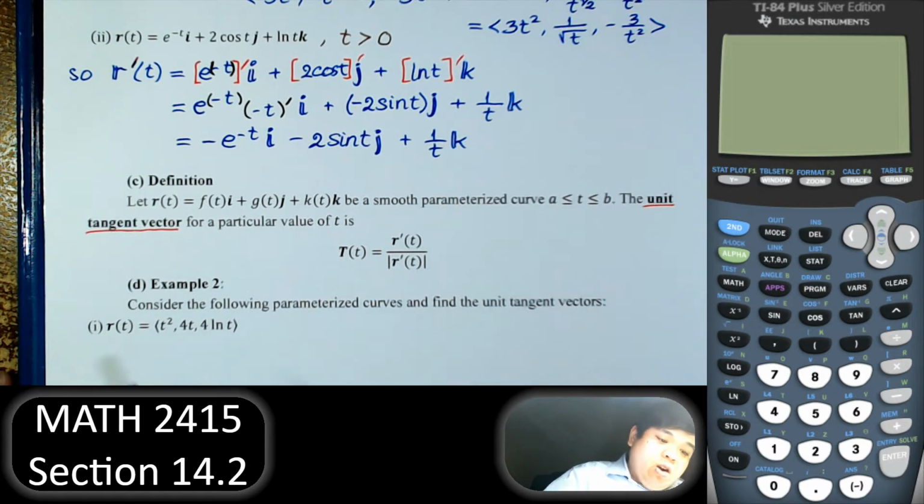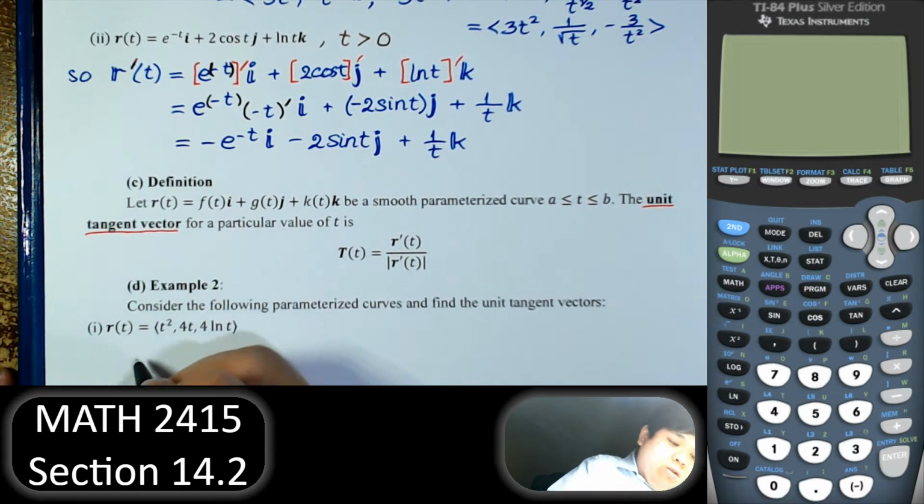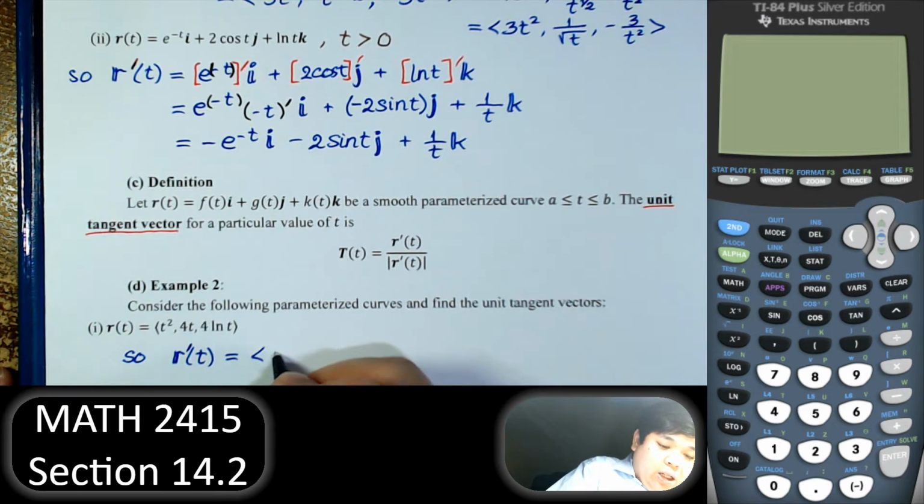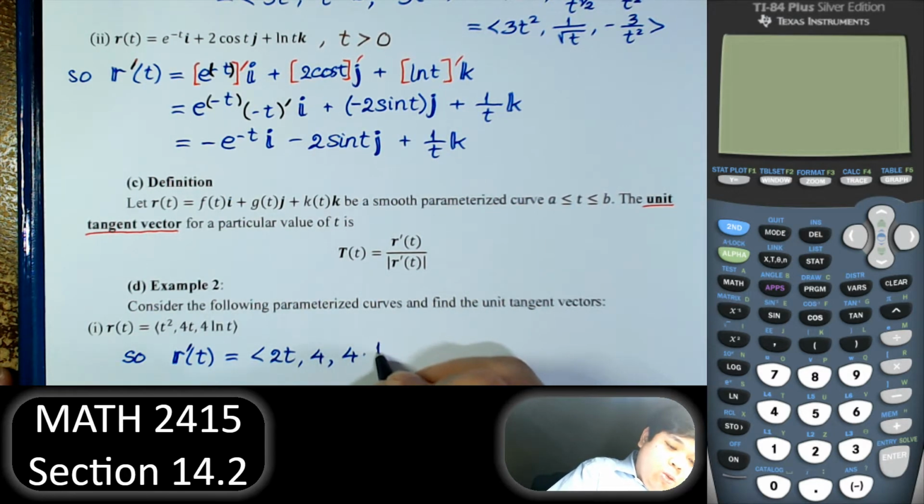So if this is the function, first we take the derivative. It's going to be 2t, 4, and 4 times 1 over t.